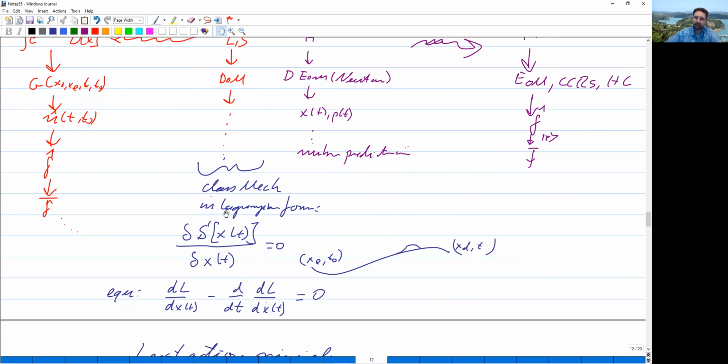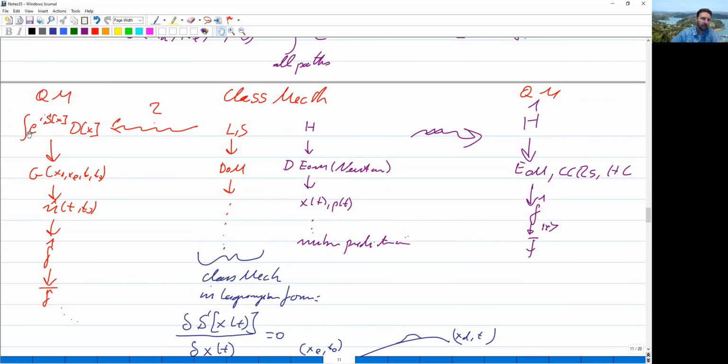And the reason is this. When you look at this path integral here, you see that it has a very oscillatory integrand. And one can show that most of the contributions to the integral cancel themselves away because of the oscillations, because they're as much positive as they are negative, and the same in the complex plane.